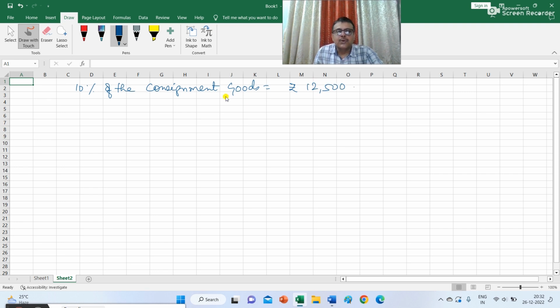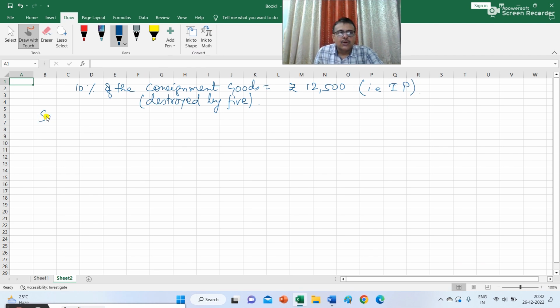Now this good was destroyed by fire. So what is the cost price of the goods destroyed by fire? Now the consignment goods that was destroyed by fire, which is given at 12,500, is at IP, that is invoice price.